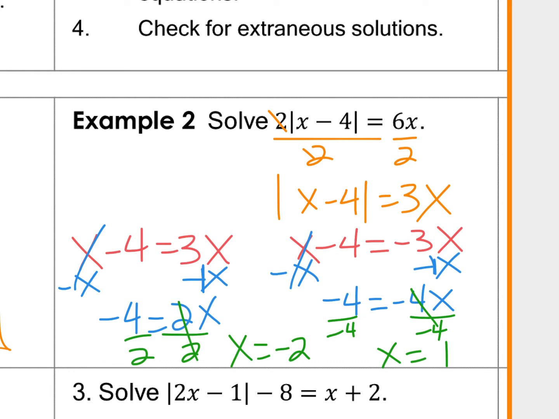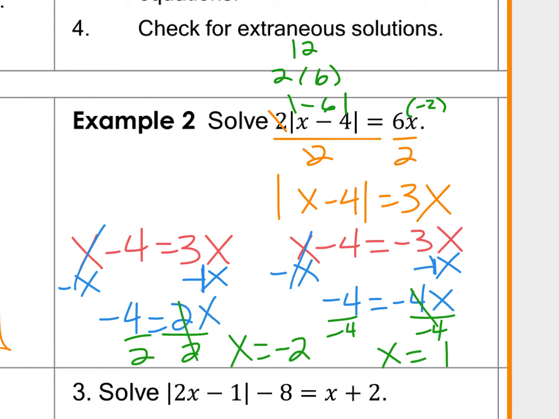Let's see. So if x is negative 2, negative 2 minus 4 would be negative 6. The absolute value of negative 6 would turn it into a positive 6. So now I have 2 times positive 6. Well, that would be 12. On the right-hand side, I also have to fill in a negative 2.